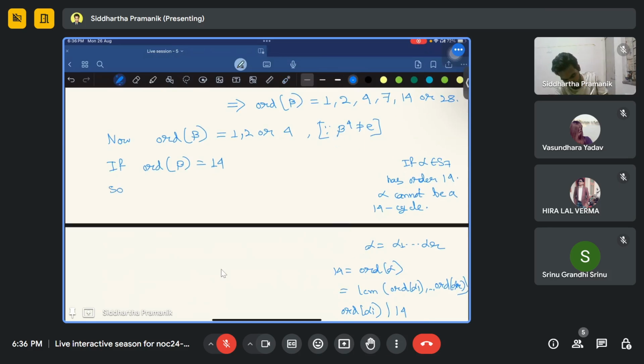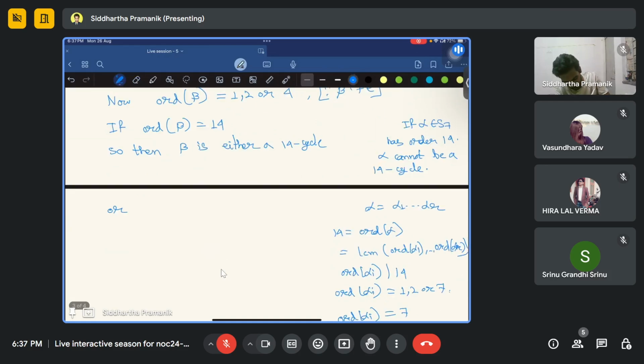So then beta is either a 14 cycle, or in the disjoint cycle form of beta, there are 2 cycles and 7 cycles.